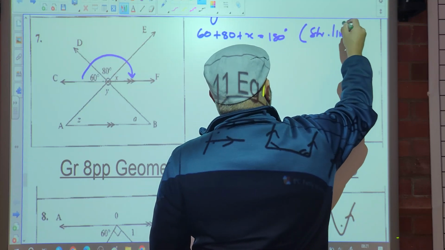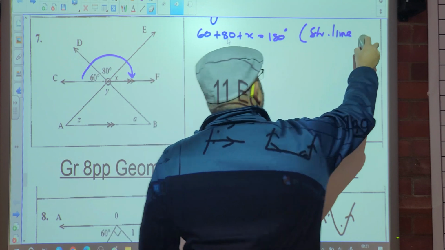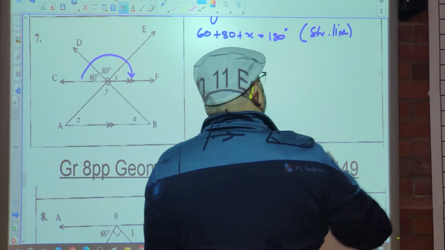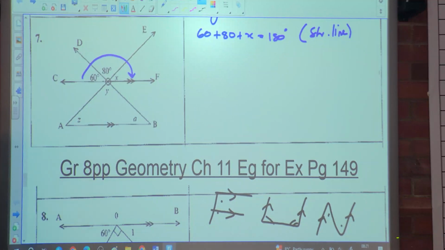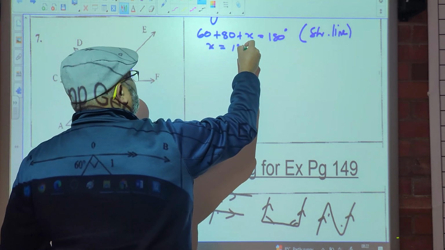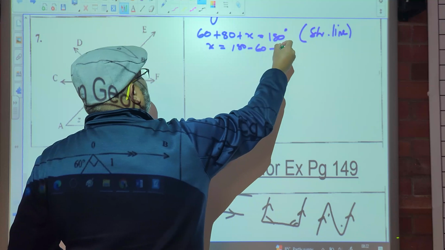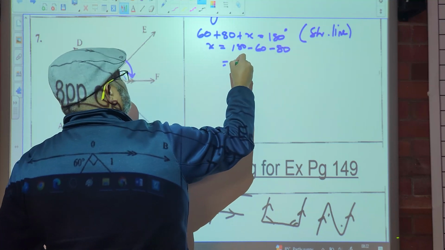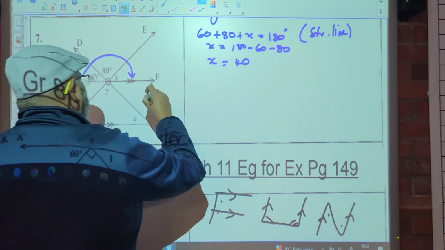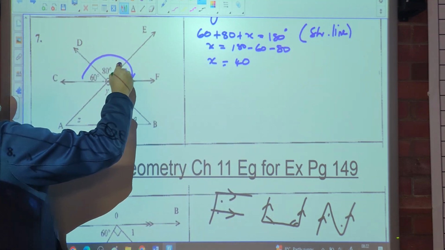Remember, for every statement we must have a reason. When we're using geometry rules, you must state the reason. So it's a simple equation. x is simply equal to 180 minus 60 minus 80, which is 40 degrees. You all agree with that? Any confusion?